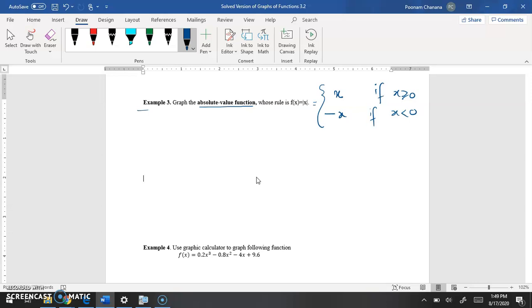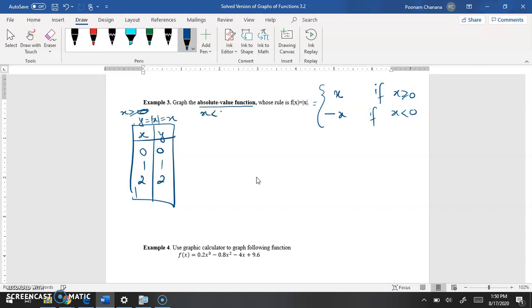So let's see. If we have to draw the table of values, when x is positive, then y is equal to absolute value x, which is just x. So at 0, it is 0, at 1, it's 1, at 2, it is 2. So the same values are coming.